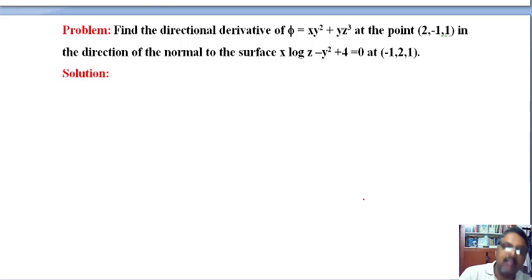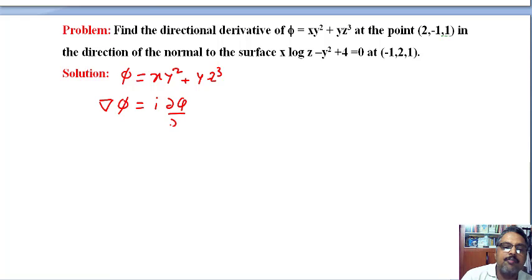Same procedure here. In this problem, phi is given as x y square plus y z cube. First, find del phi. Del phi equals i dou phi by dou x plus j dou phi by dou y plus k dou phi by dou z.